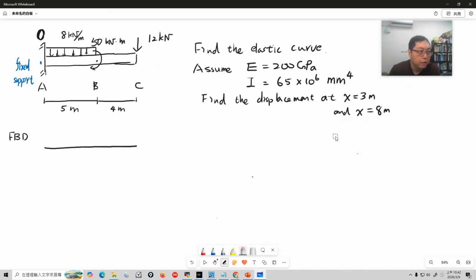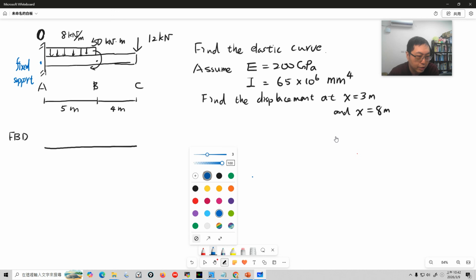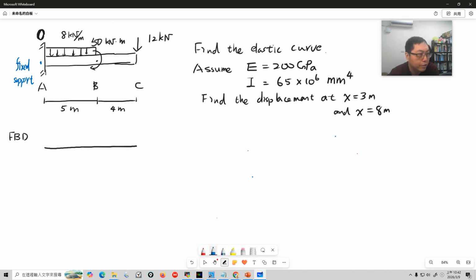First of all, we have to use rigid body equilibrium to calculate the reaction force and reaction moment from the support. Let's start. First, you draw the free body diagram of the beam.